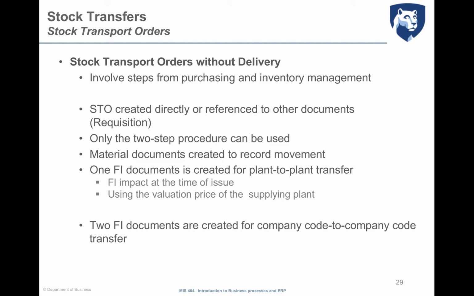In particular, one financial document is created for the plant-to-plant transfer, and it's created once the goods issue takes place in the supplying plant, which also drives the price at which the goods are evaluated.